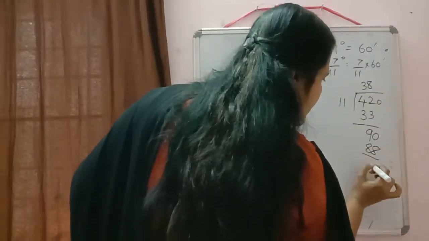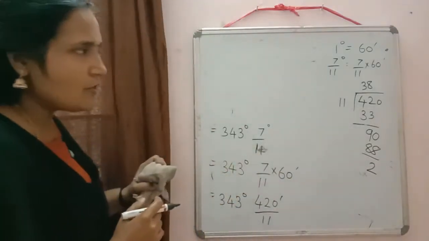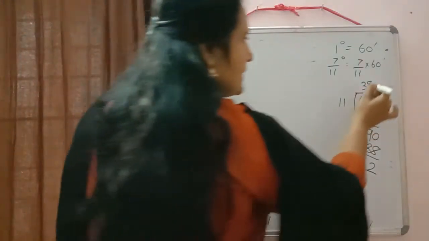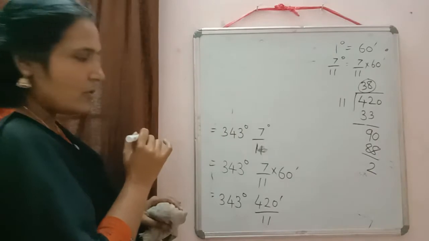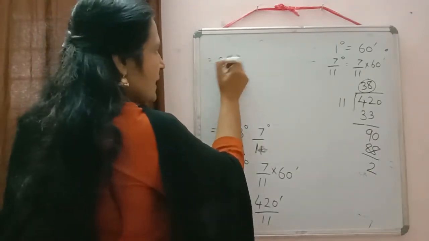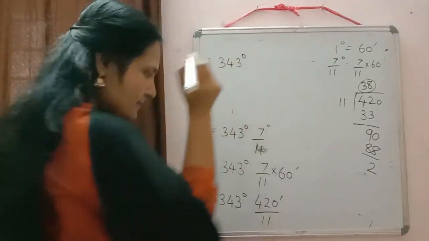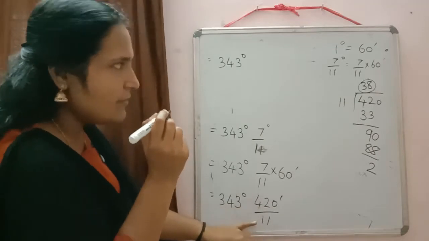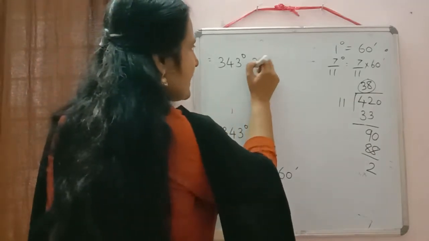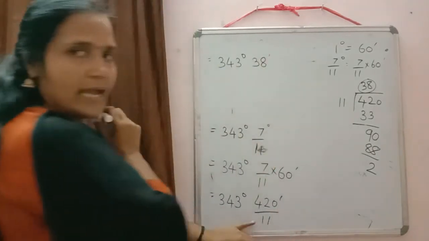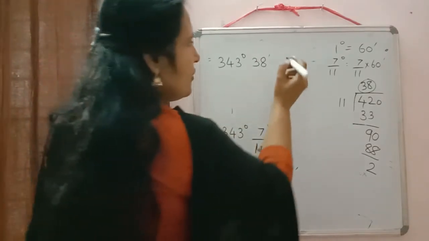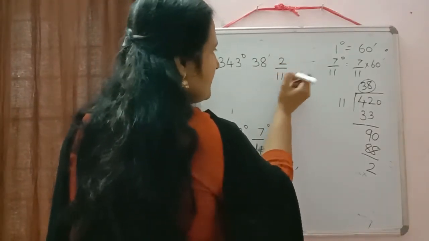So 90 minus 88, 2. So we are getting 38 as our quotient. So we write here 343 degree, 38 minutes, and the remaining is 2 by 11 minute.